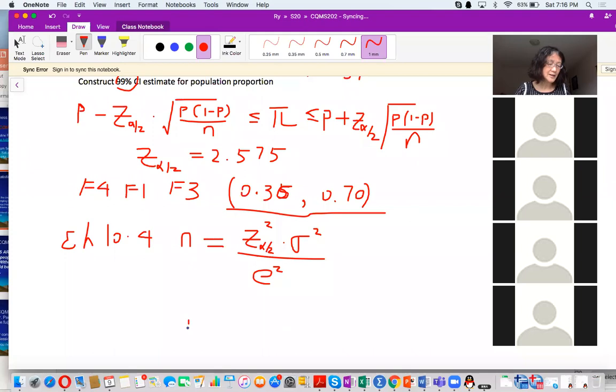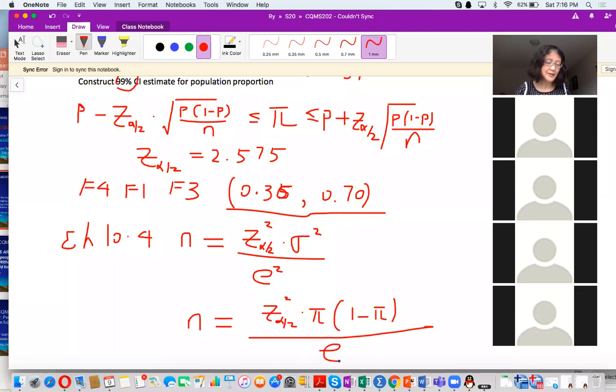The other formula is Z half alpha squared times population proportion pi, 1 minus pi, and then divided by E squared. E represents margin of error. So that is section 4 content. Make sure you go over examples in the online module on D2L and in the textbook. Any questions?